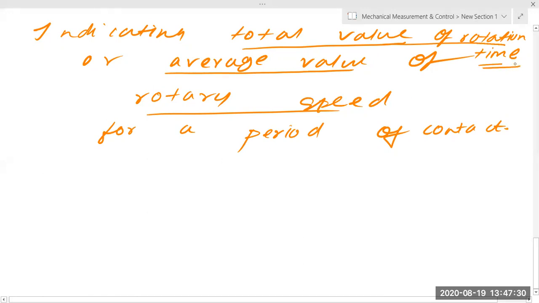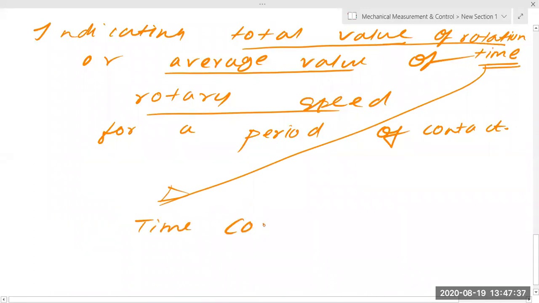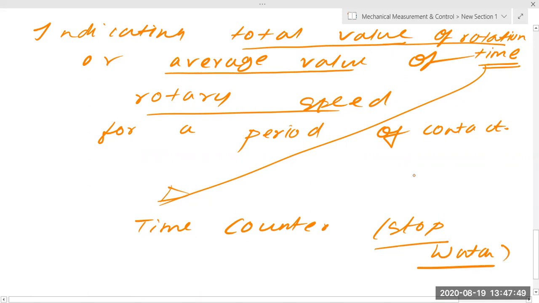Now, when you say you have to divide by time, there should be some time counter, right? What do we use for a time counter? There will be some stopwatch. I'm just trying to break the topic down for you. Suppose this is my counter, with very minute displays or markings.